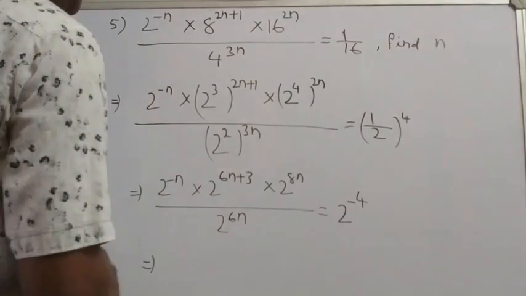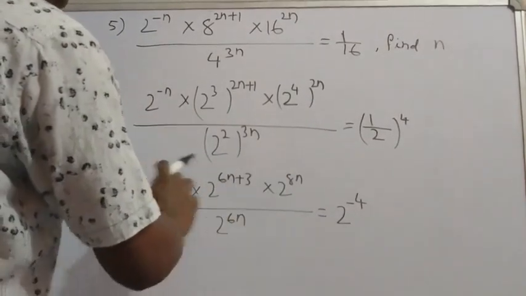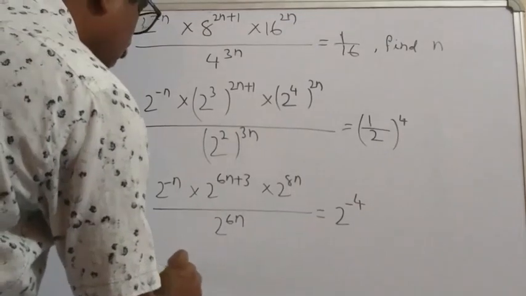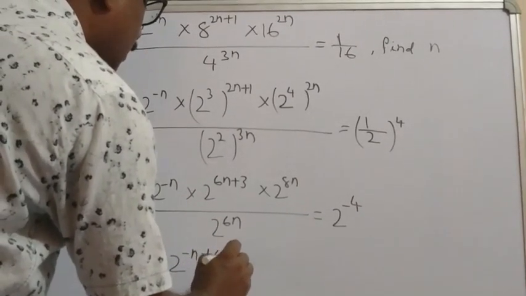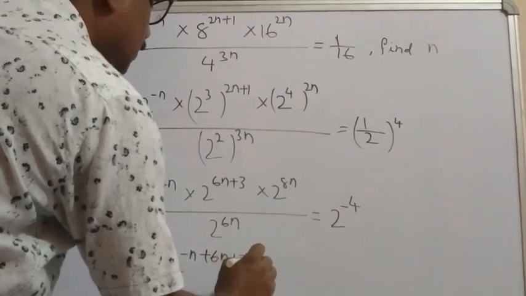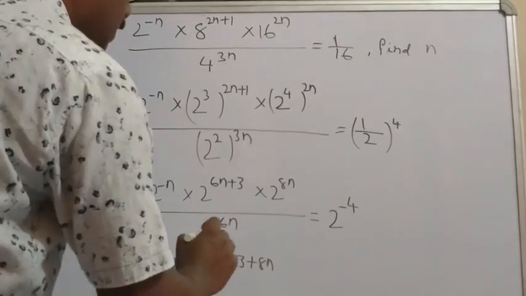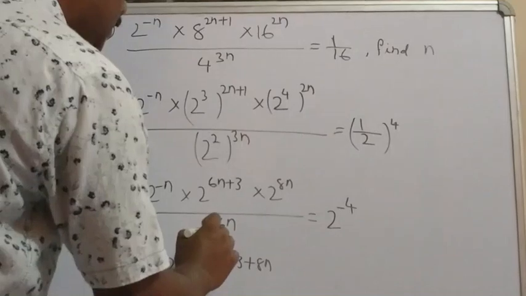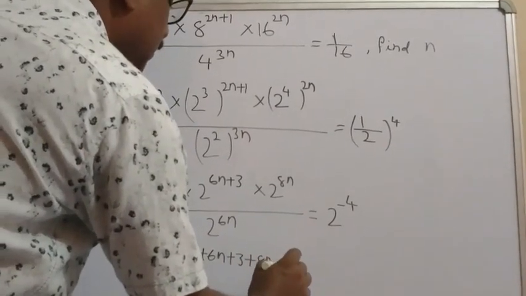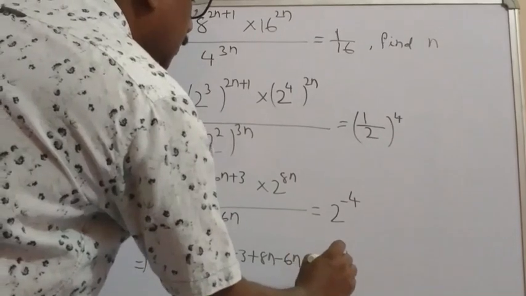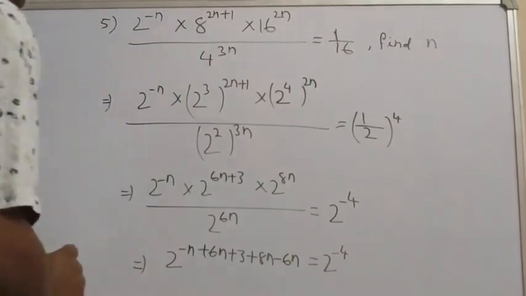All are multiplied, base is same 2, so you add the power. 2 to the power minus n plus 6n plus 3 plus 8n. Here it is divided, so power becomes minus 6n is equal to 2 to the power minus 4.